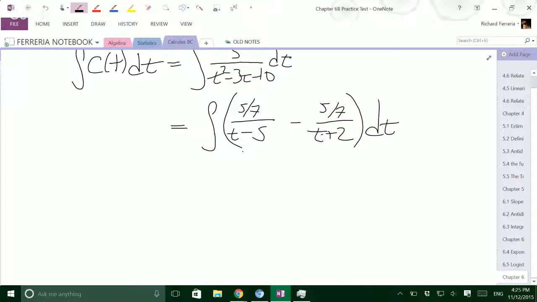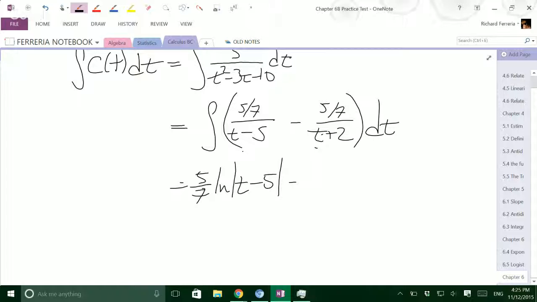Okay, so this first one is 5/7 natural log of t minus 5. The second partial fraction, u would be t plus 2, du would be equal to dt. Since du is equal to dt, you'll have no problem. You can just go ahead and do it.